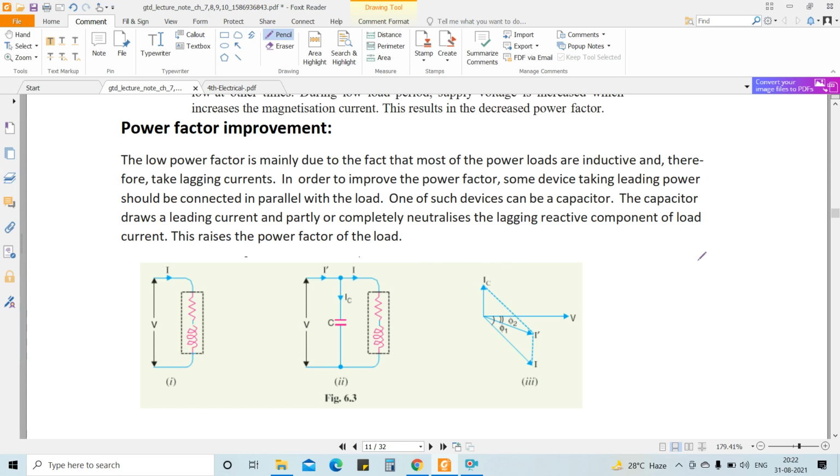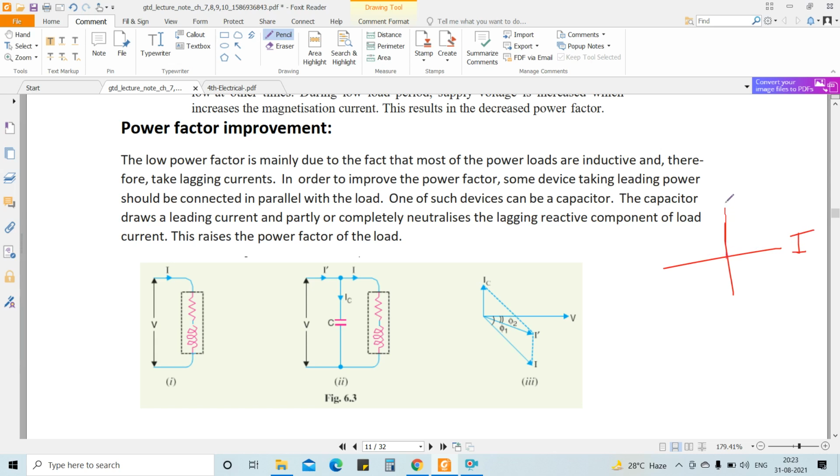Okay, so see, if this is the current reference line, then in case of lagging power factor, current lags voltage by an angle of 90 degrees.